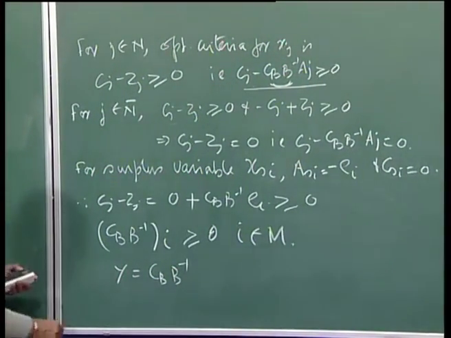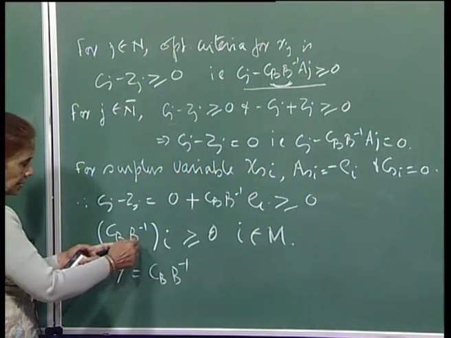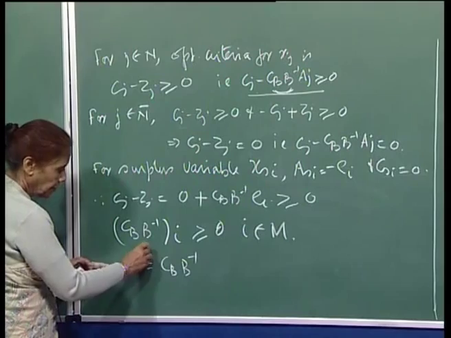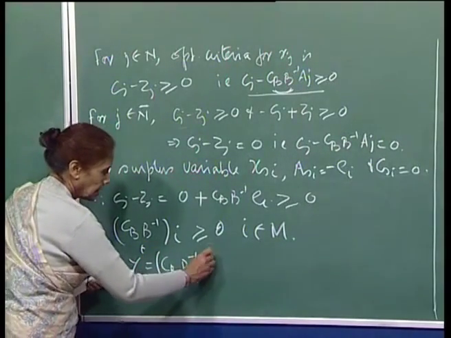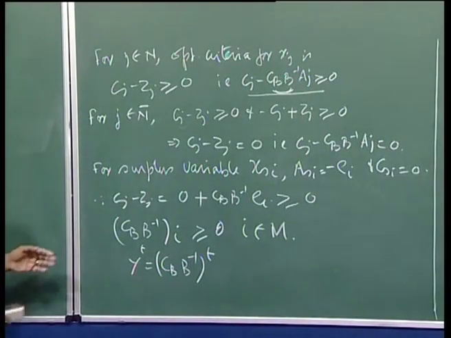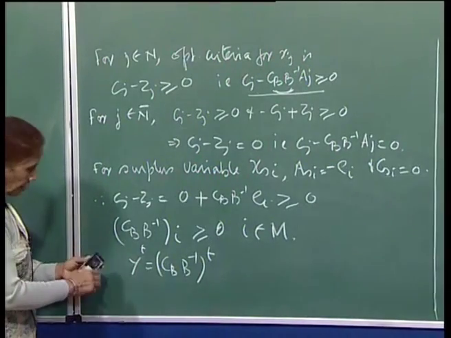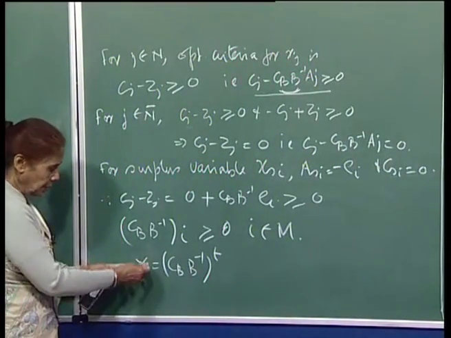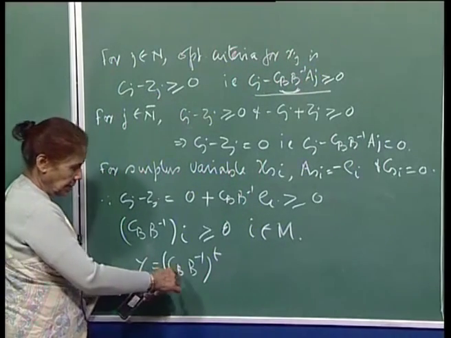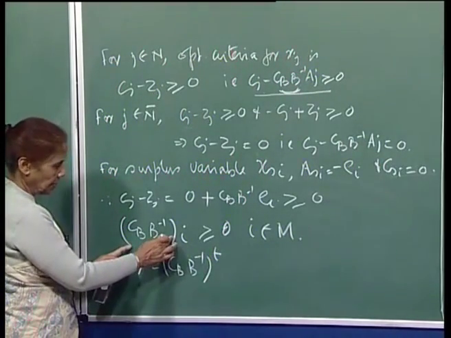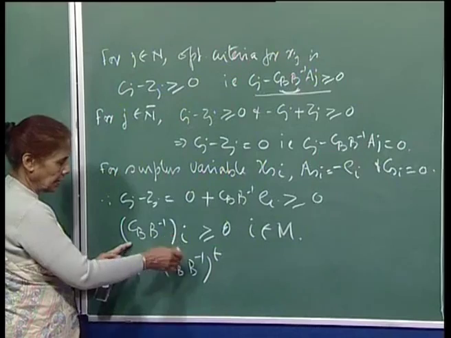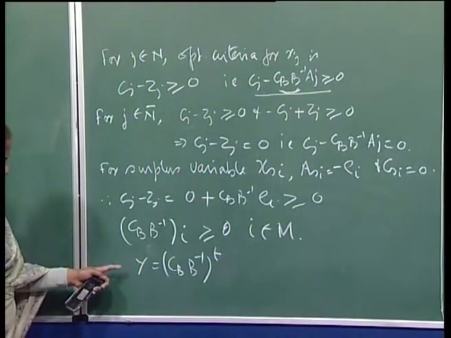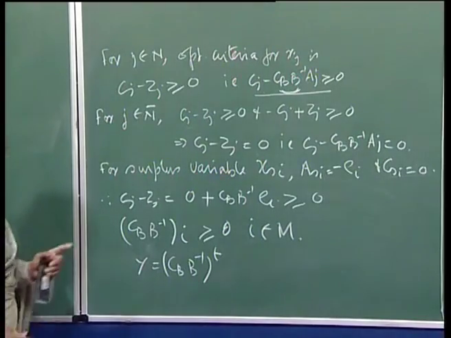This is the convention I am using: this is a row vector. To keep it simpler, y is a column. So therefore this is C_B B inverse transpose, because this is a row, and when you take the transpose, it becomes a column vector. So y is C_B B inverse transpose.